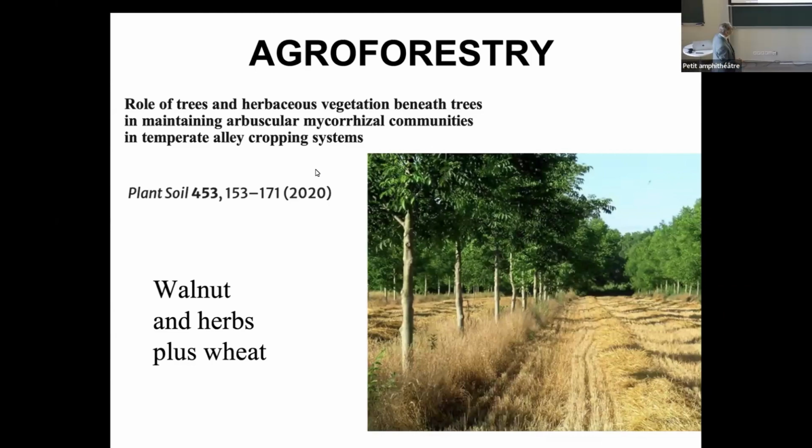By the way, one way of maintaining inoculants is agroforestry, because not only the trees, if you choose them well, but also the herbs under the trees that you don't fully destroy, are mycorrhizal.